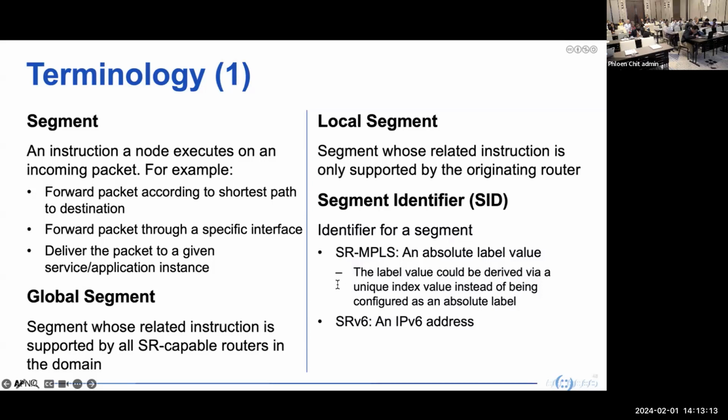It is an MPLS label in SR-MPLS and it is an IPv6 address in SRv6. The label value of a SID in SR-MPLS can either be an absolute value or a calculated value based on a unique index. This one I will explain more later in the presentation, in which case we will use a unique index, in which case we will use an absolute value.